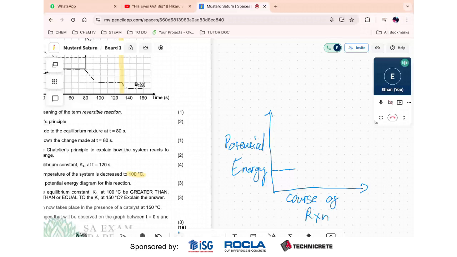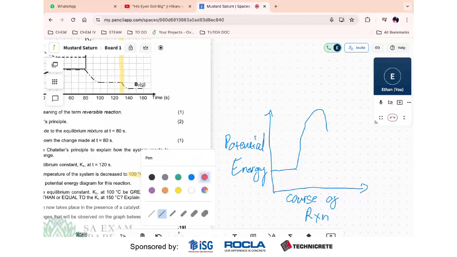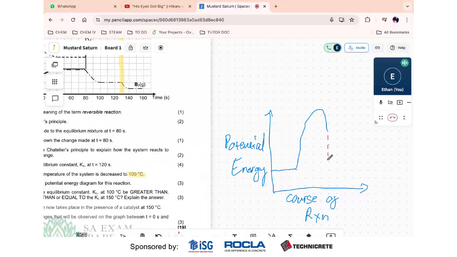And then we have some hump, which is the activation energy that has to be overcome. And then, depending if your reaction is endothermic or exothermic, you will either have something that carries on to being lower than where we started.